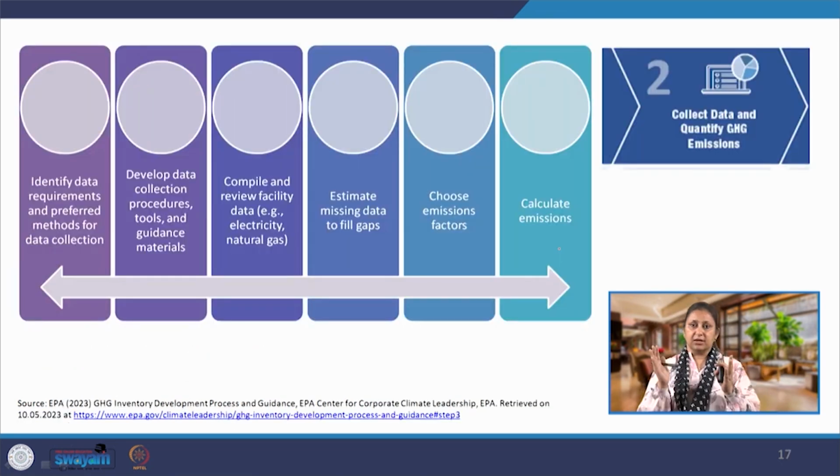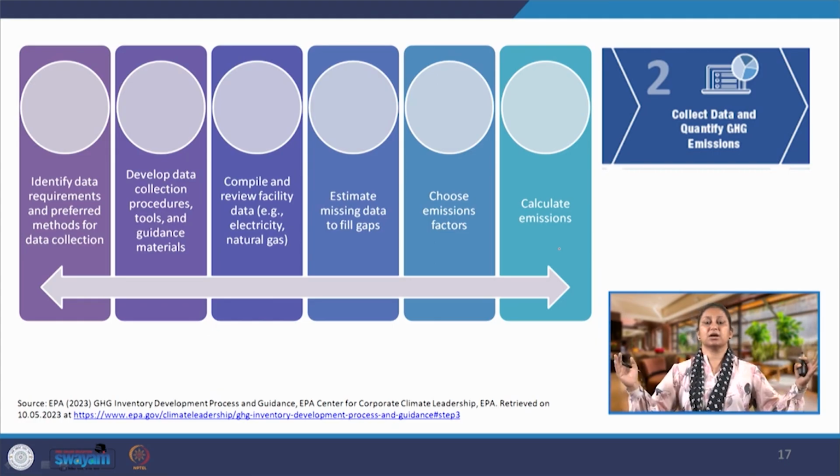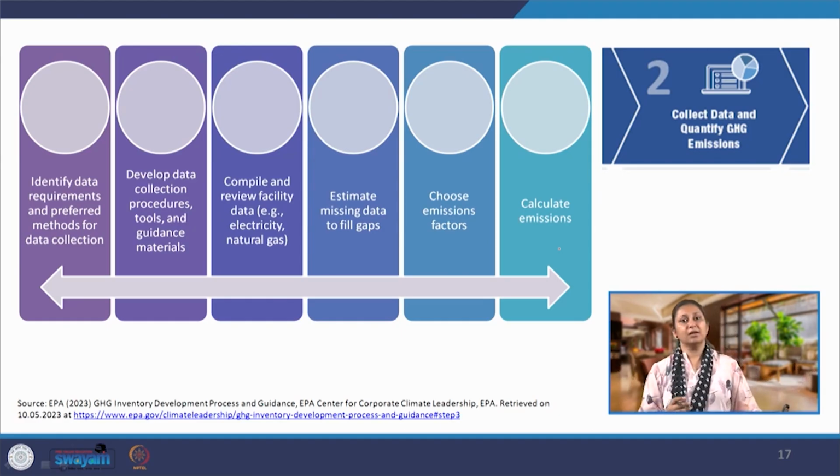Once we have identified the base year and we have set the organizational boundary, which implies that we have already identified the inventories, because we know the organization, we know all the assets, all the resources that the company owns or controls or has an equity in. We know the inventories that will go for each activity and for each asset.